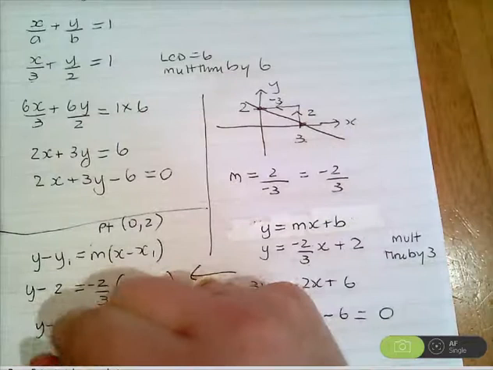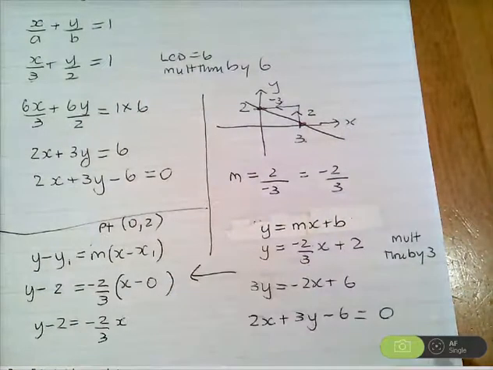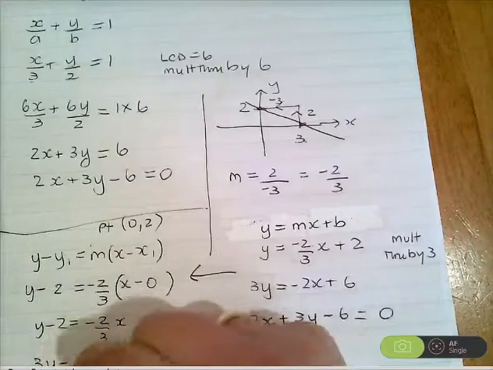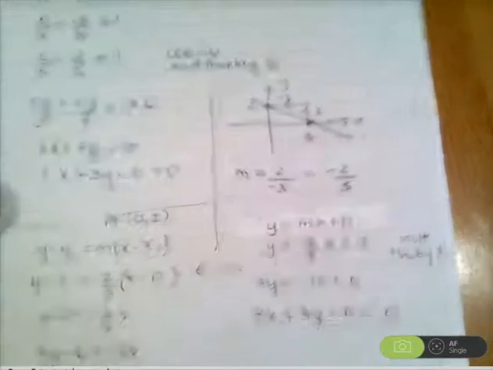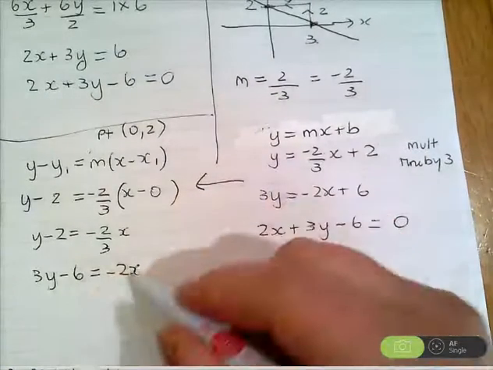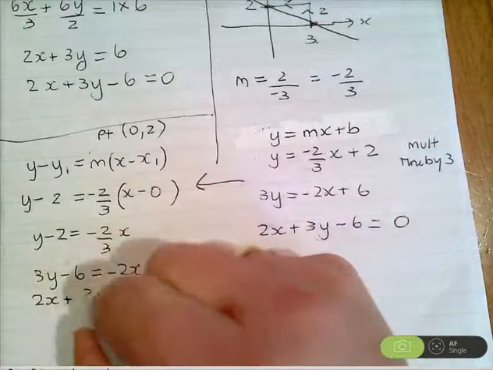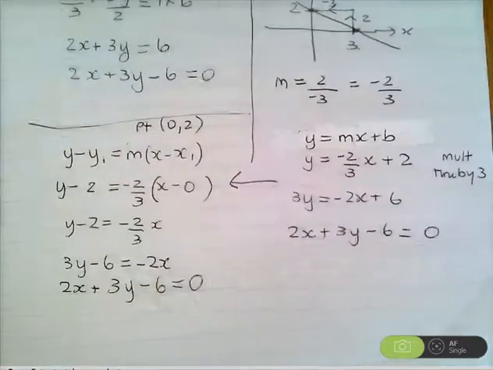And so I get y minus 2 equals negative 2/3 x. And here I need to multiply again through by 3, and I get 3y minus 6 equals minus 2x. And then taking everything over to the left to make the coefficient of the x positive, I get 2x plus 3y minus 6 equals 0.